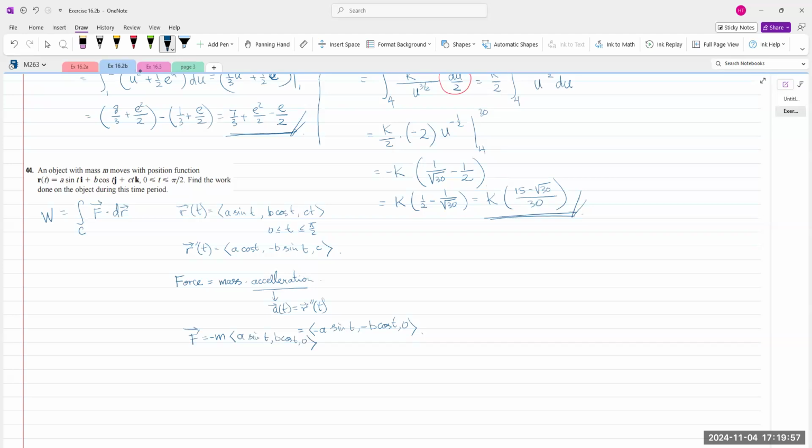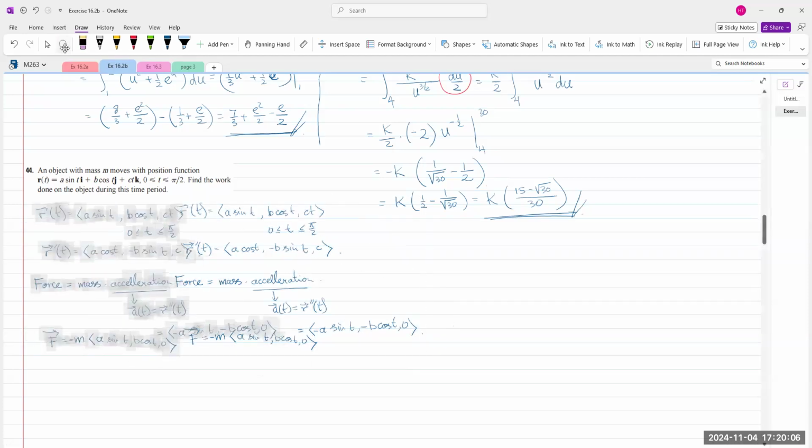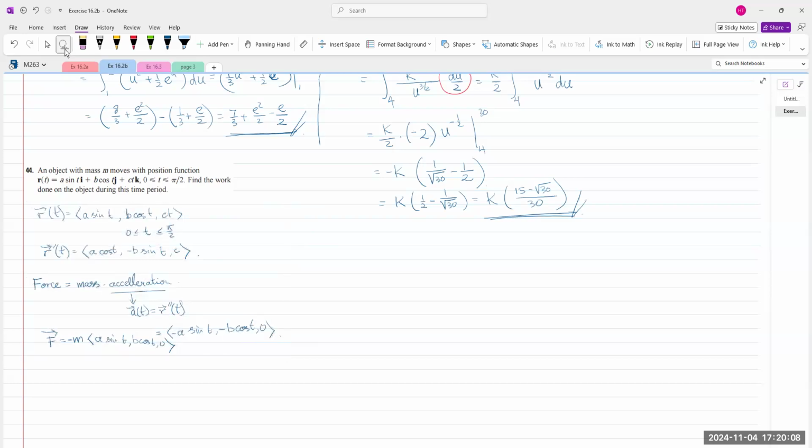Now let's come back here. You know what? I'm supposed to do this first. Move it here. Okay, and then maybe this one. Move it here. I think that's better that way, right? Okay, so the work equals the integral over curve C of f dot dr, but the C is parameterized from 0 to pi over 2.